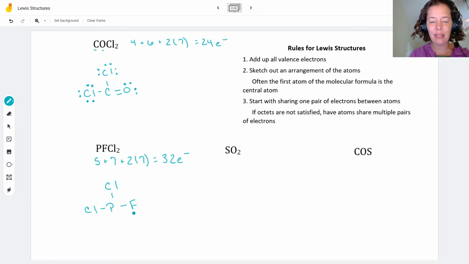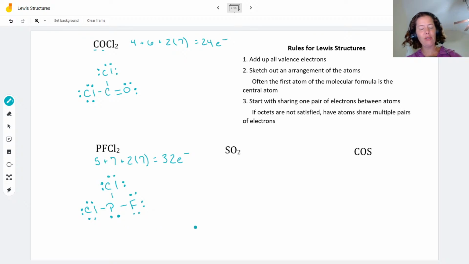So that's 6, 8, 10, 12, 14, 16, 18, 20, 22, 24. Whoops, have I added up my electrons wrong? 2, 4, 6, 8, 10, 12, 14, 16, 18, 20, 22, 24, 26.